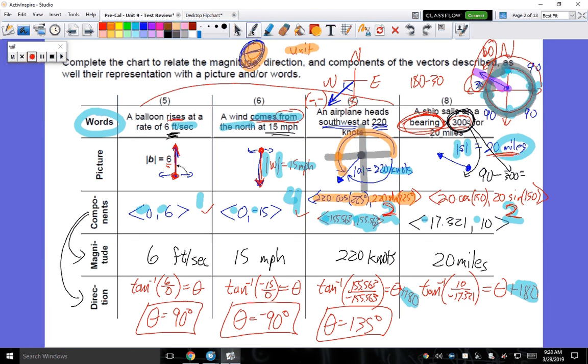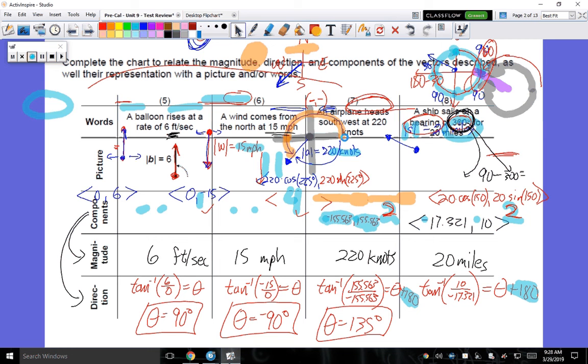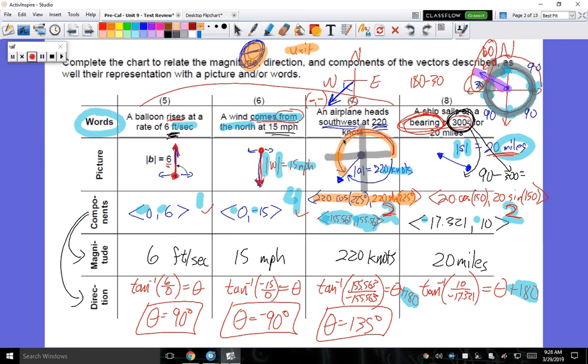Okay, and sure enough, that looks like it's going to be, whoops, let me make sure that I did this one correct. So it is the arctangent of southwest at 220 knots. So that should be, okay, something wasn't quite right, and I saw an angle of 135, which from 0 degrees would actually be right here.